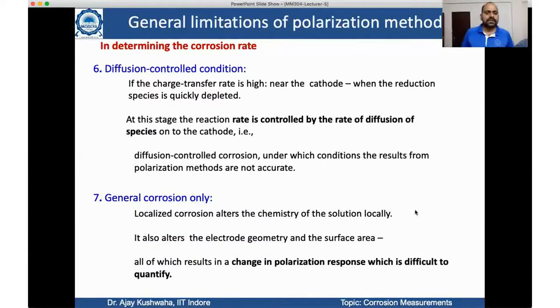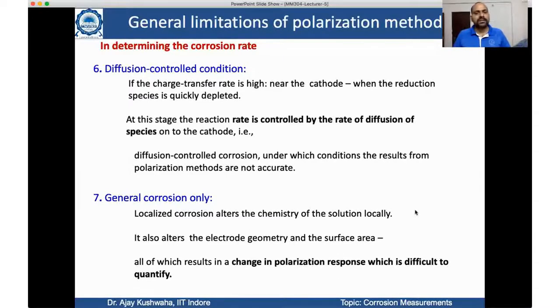One more: we are thinking everything is going on perfectly, all corrosion is uniform corrosion, and the things are considered very ideal. But there may be a case when we have localized corrosion, the formation of pits, the formation of some kind of cracks.